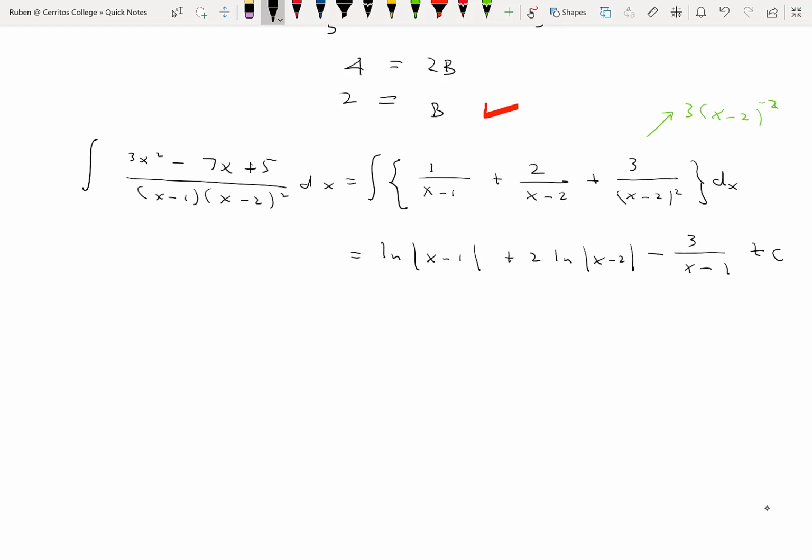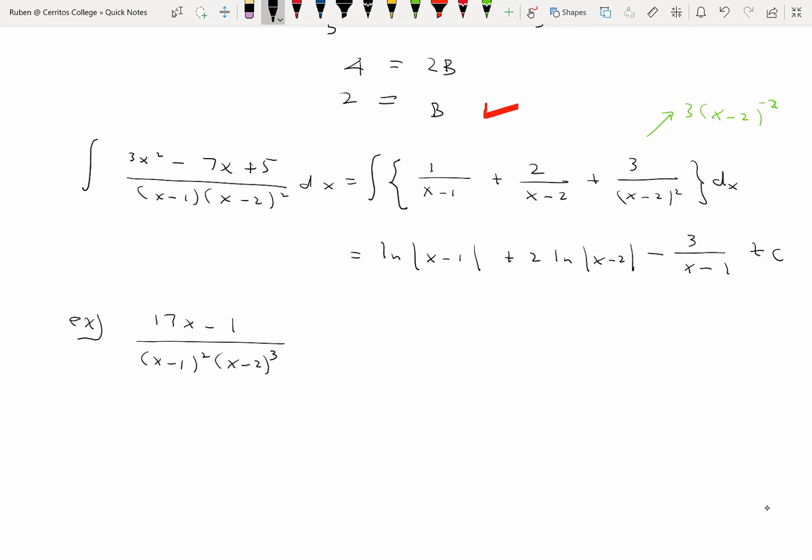I'm not going to actually integrate this one, but suppose we had something like, I like 17 a lot for some reason today, 17x minus 1 over, let's say, x minus 1 squared times x minus 2 cubed. And we were interested in a partial fractions decomposition.